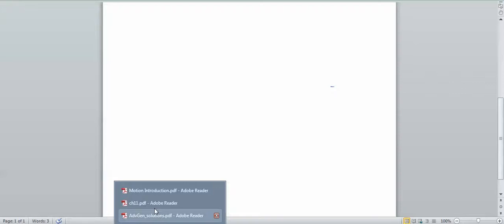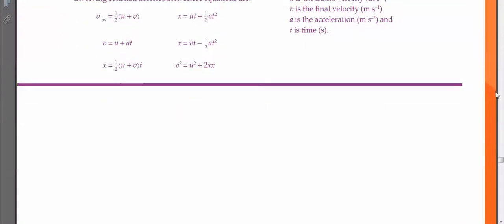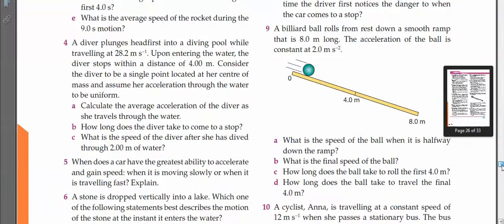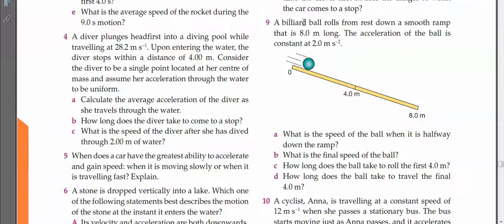So let's find a question from the textbook, and let's pick a harder one too. Okay. Let's do this one. A billiard ball rolls down from rest.